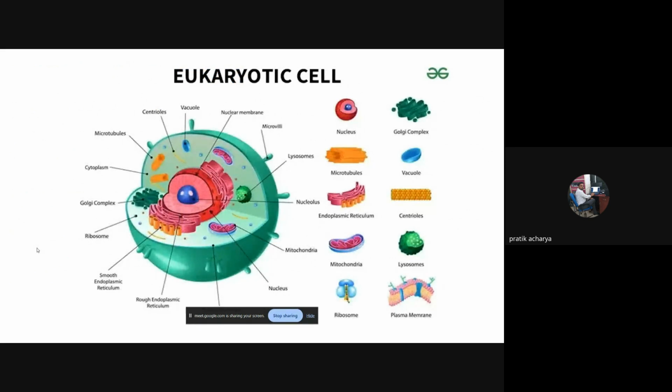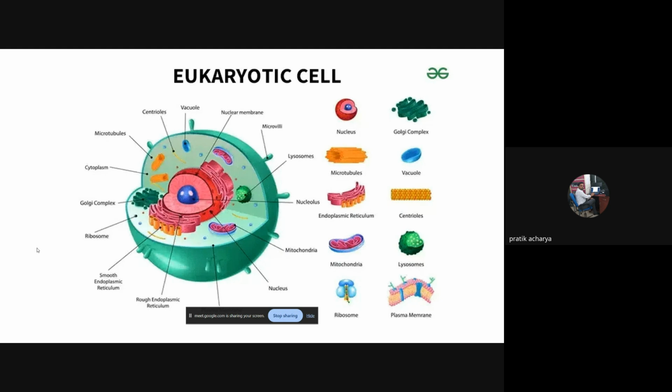This is the structural view of eukaryotic cell. These are different organelles. Just look at here. Eukaryon: why are we emphasizing the karyon, the nucleus? Because this is the largest organelle of the eukaryotic cell. It is the distinct organelle of the eukaryotic cell.